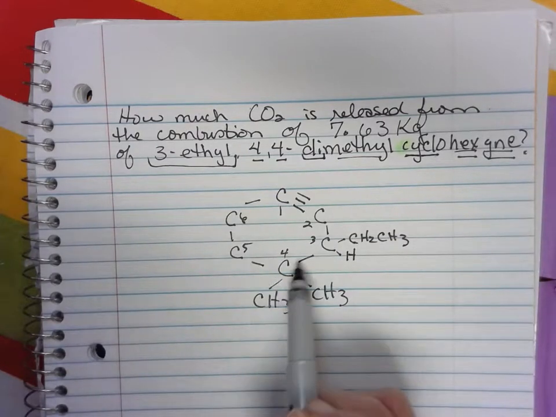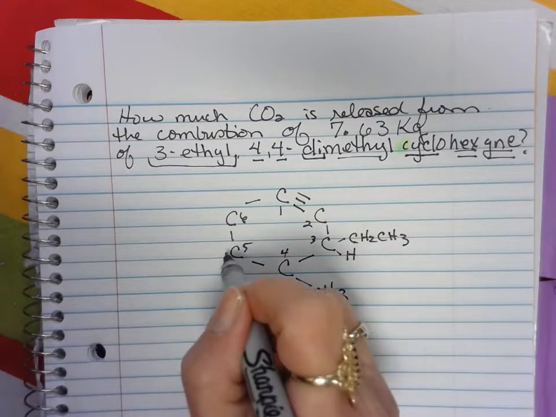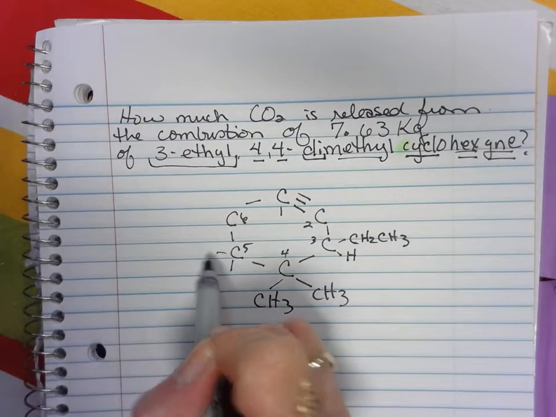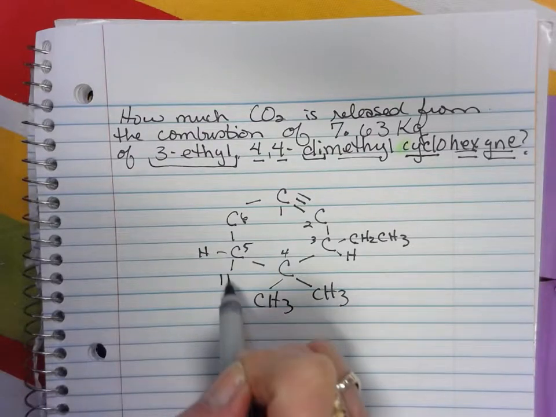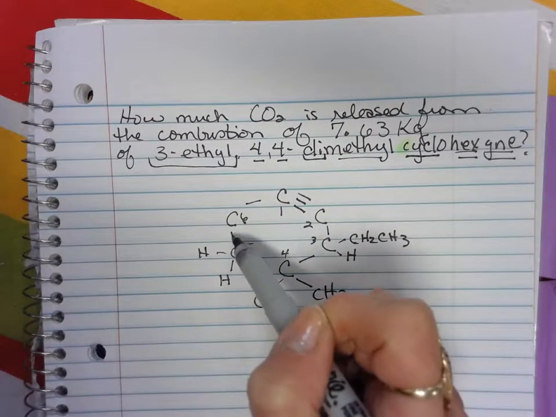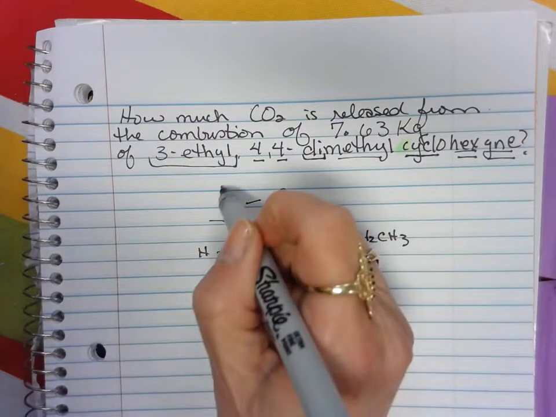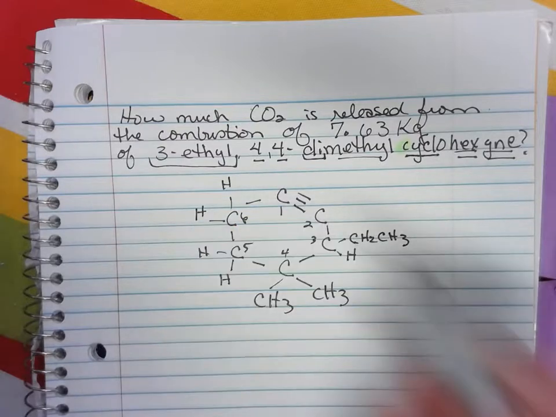This carbon has 1, 2, 3, 4 bonds, no hydrogen there. This one has 2 bonds, so I'm going to put a hydrogen and a hydrogen so that I have 1, 2, 3, 4 bonds. Same thing for this one. 2 bonds, 3, 4 bonds, so that gives me hydrogens.